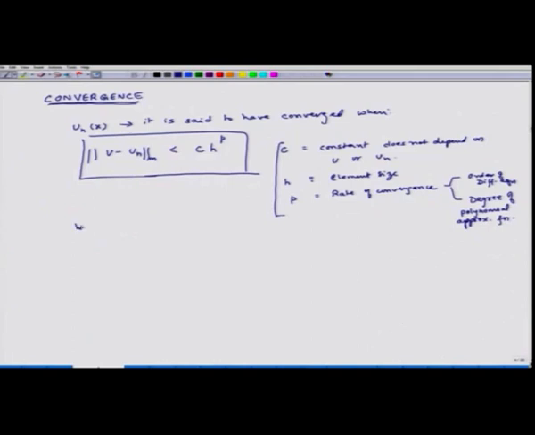So we can achieve convergence either through reducing h, that is making our element sizes smaller, or by increasing p.